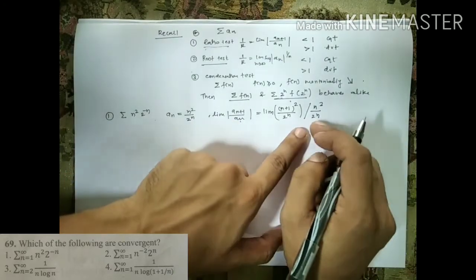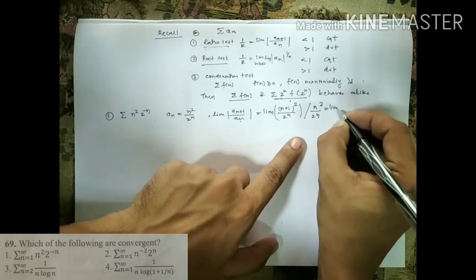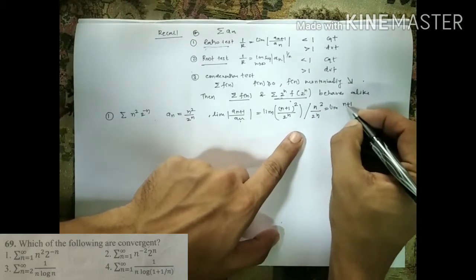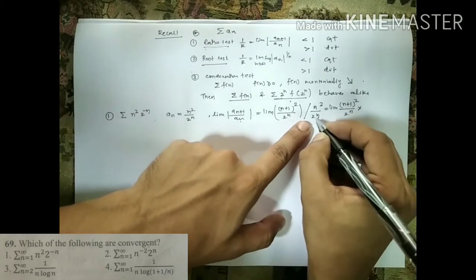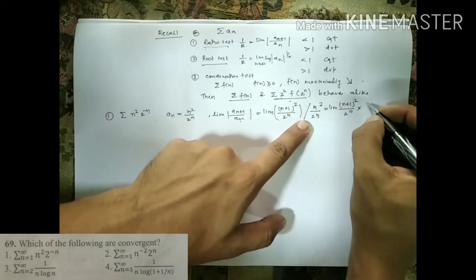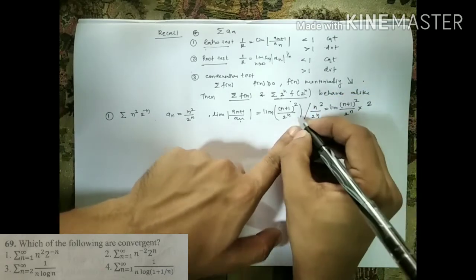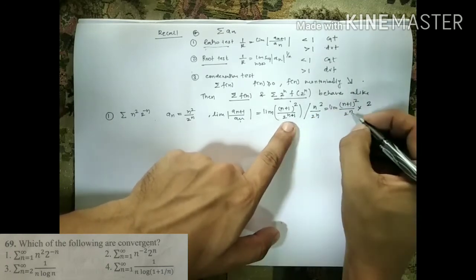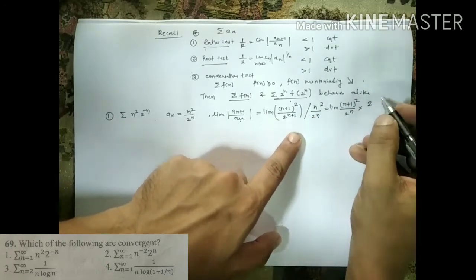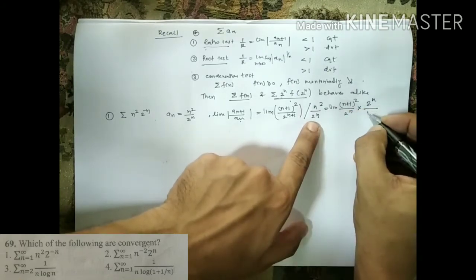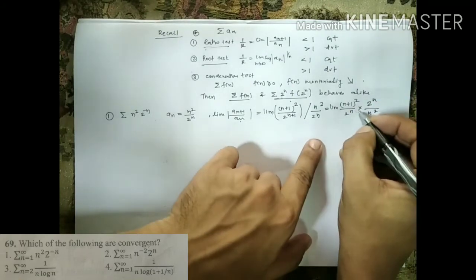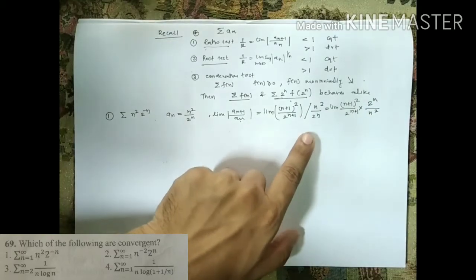So the limit is (n+1) square divided by 2 raised to (n+1), and this 2 raised to n goes into the numerator, divided by this n square.